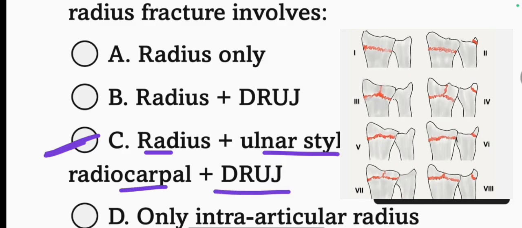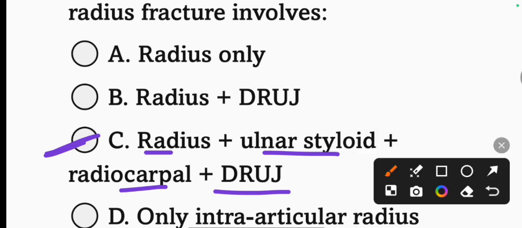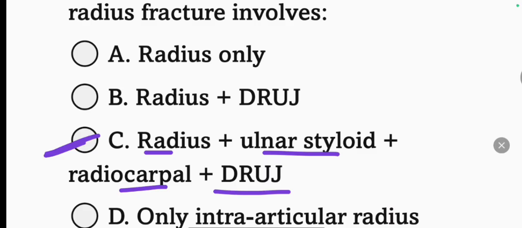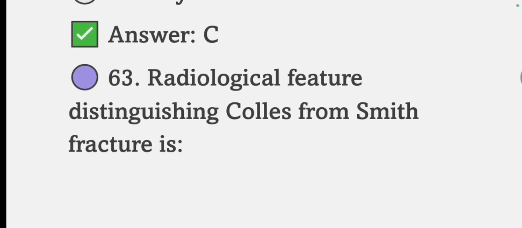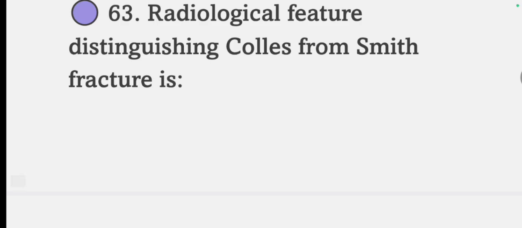Fernandez classification is type 1 to type 8. Type 1 to 4 are extra-articular and 5 to 8 are intra-articular. So type 8 is the correct option, C option. Okay, now come to our 63.